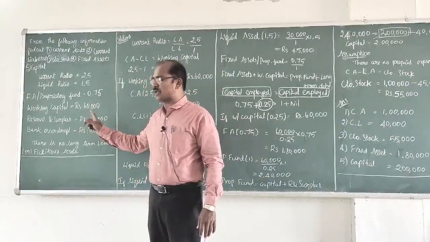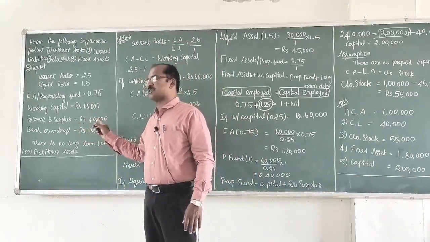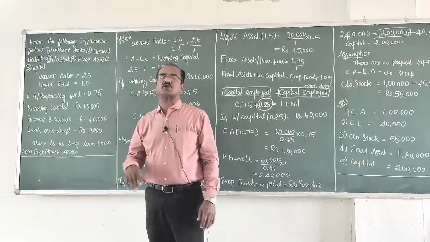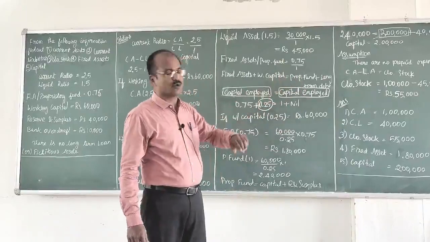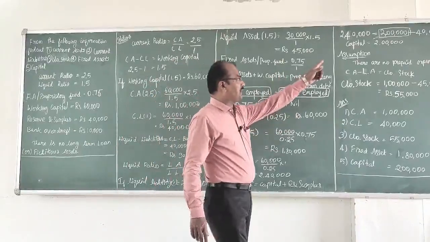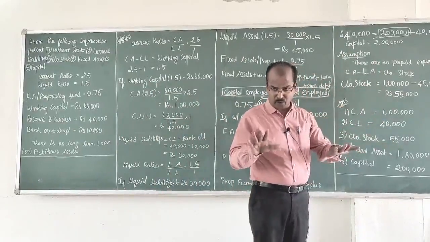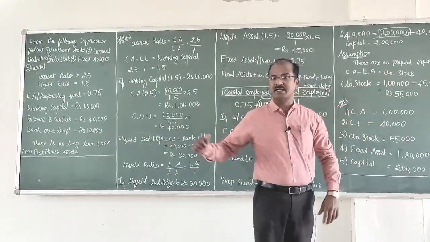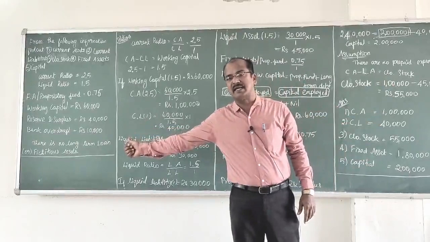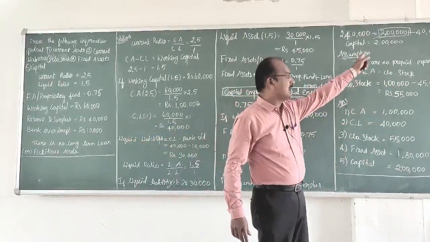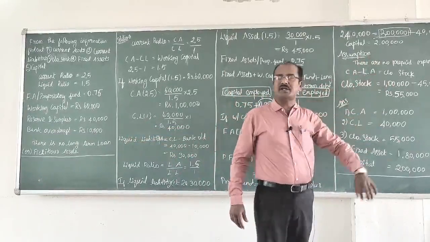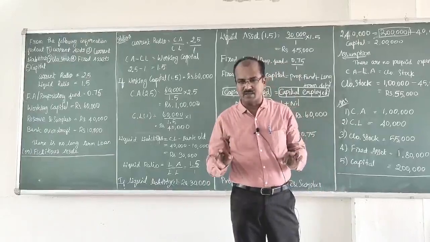In the problem, they have given the amount of reserves and surplus, which is nothing but 40,000 rupees. So, let's continue the solution there. Proprietary fund 2,40,000 is equal to capital, which we do not know now, plus reserves and surplus 40,000 already given in the problem. Therefore, the balancing figure in the equation, which is 2 lakh, is the amount of capital.